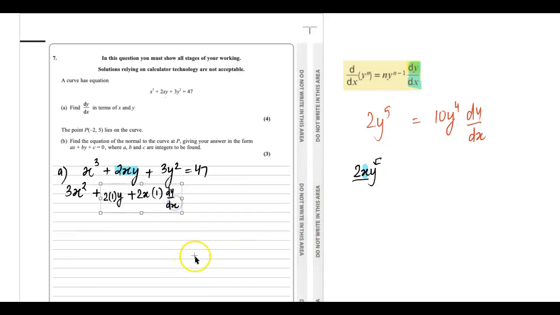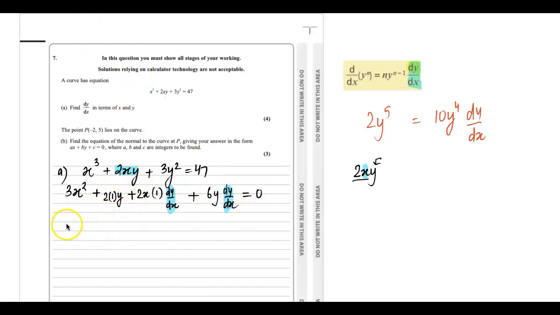Okay, so we have it here. Now 3y squared is simple. 3y squared, what would it be? Yes, 6y. And what? Yes, dy by dx. Don't forget, please. And the constant is 0. Now what can we do? We can take dy by dx common. We can rearrange and make it the subject.